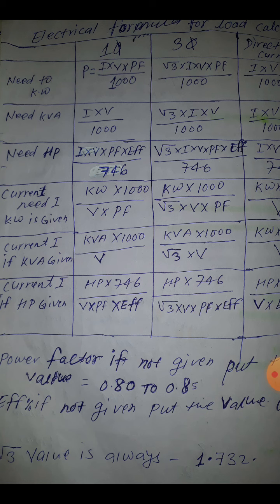This is the value of power factor, because winding motors do not give an accurate power factor, as some losses come in. Efficiency is also given on most motors. If not given, you can put a value of 0.90, since efficiency also does not come to 100%.